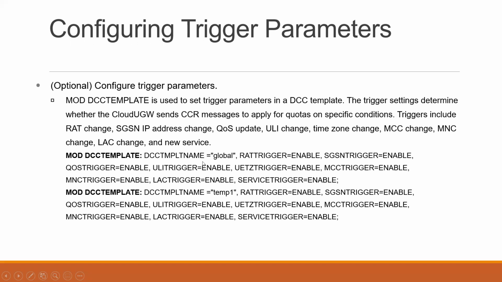Based on that, you can make the changes in the DCC templates, whether the global one or the user-defined one, and mention based on which trigger conditions the CCR should be sent. This is essentially required because you have location-based policies, 2G and 3G-based policies, and different SDSN-based policies, so these need to be updated to the OCS if any of these parameters change.